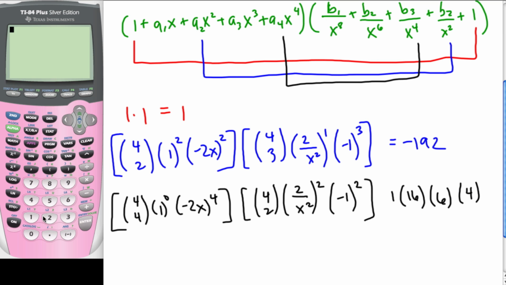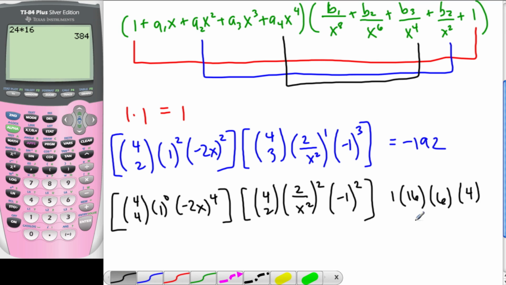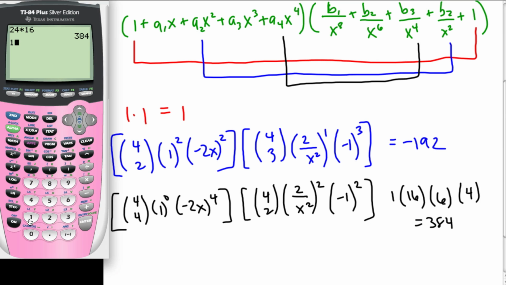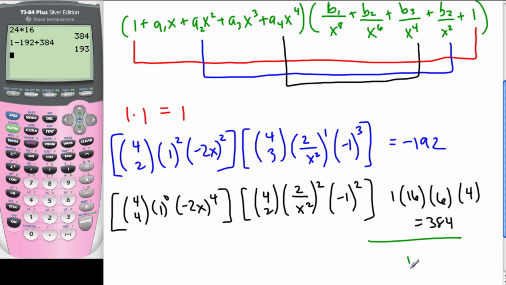So 24 times 16 is 384. Okay, so then we can add them all up. 1 minus 192 plus 384 is 193. So our answer is 193.